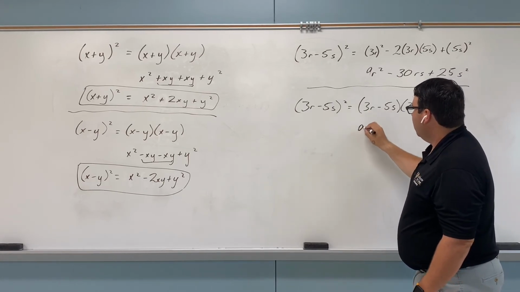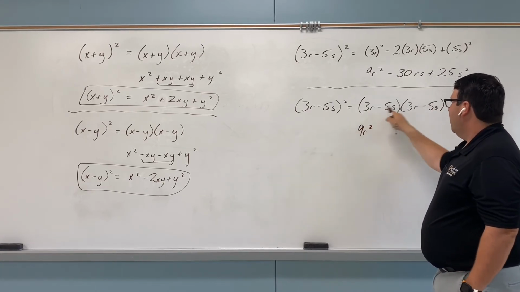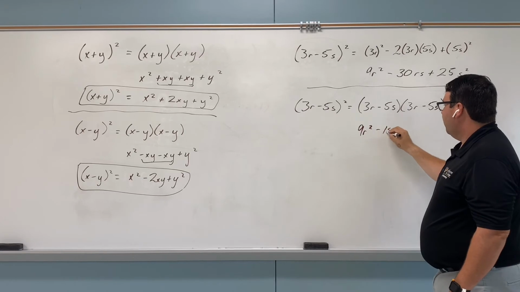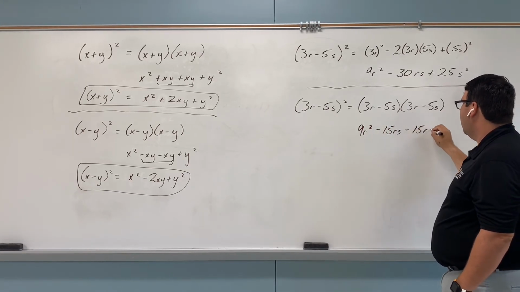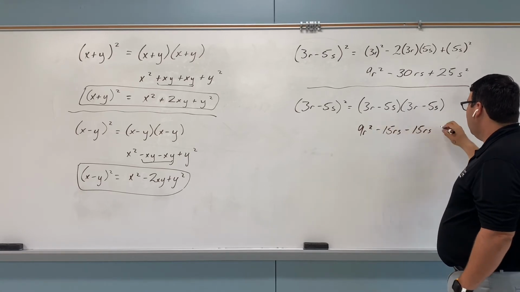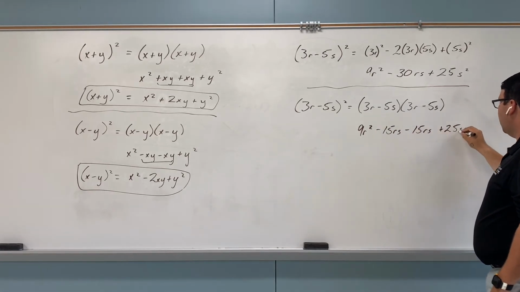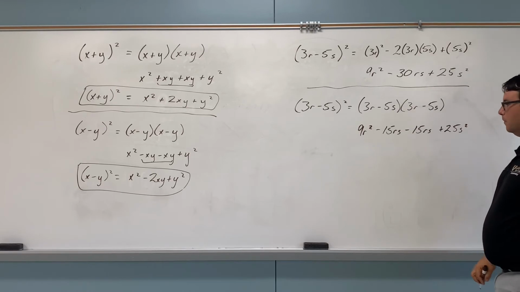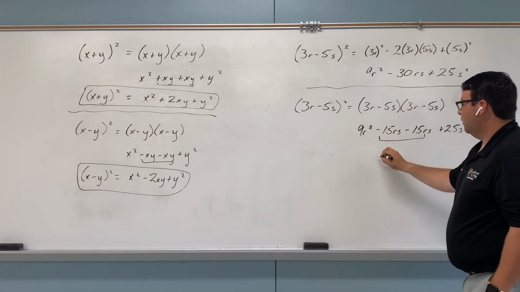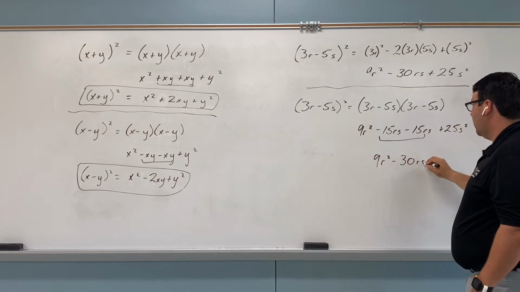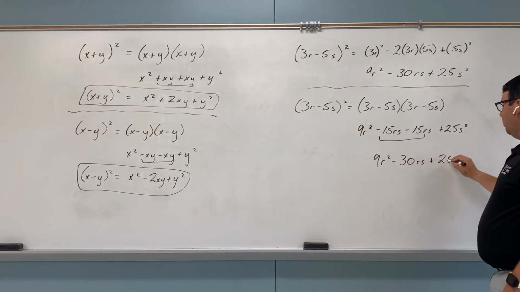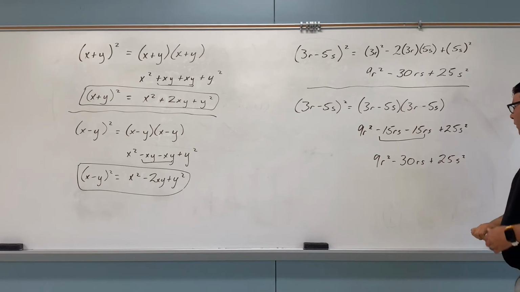FOIL, I got my first term, which is 9r squared. My outer term, which is a minus 15rs. My inner term, minus 15rs. My last term, positive 25s squared. Combine my like terms. I get 9r squared minus 30rs plus 25s squared.